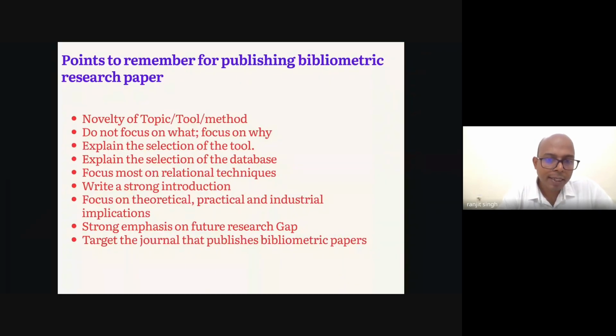In my personal experience, I submitted a bibliometric article to Annals of Tourism Research, which is a very good journal in the tourism field. The editor directly rejected my paper.